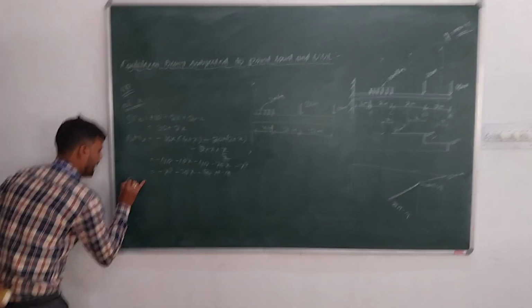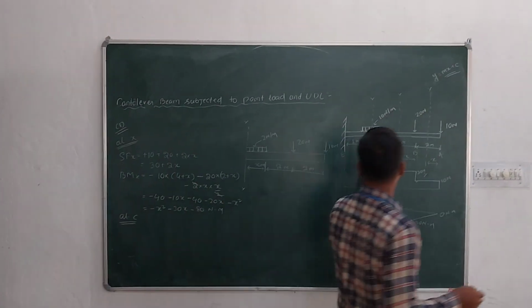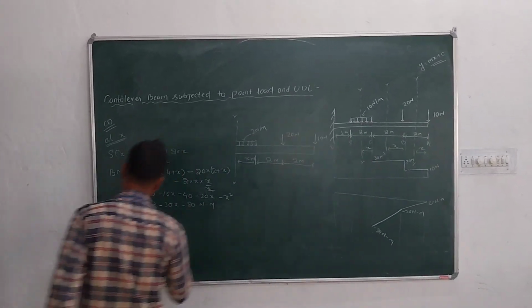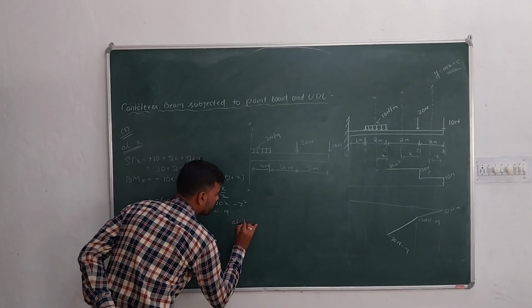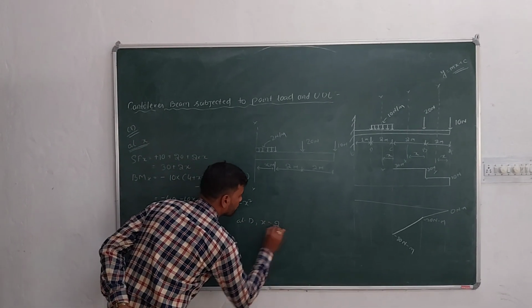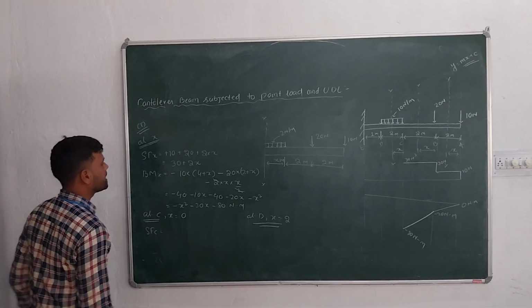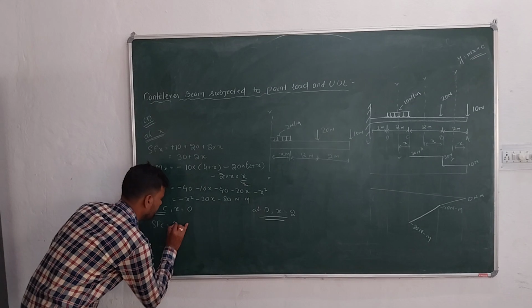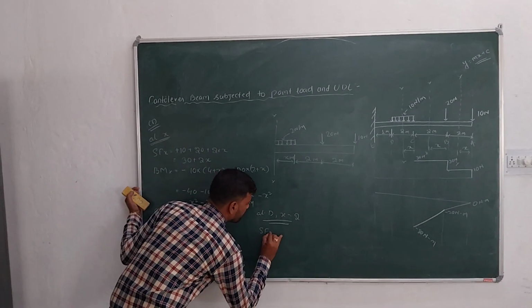Now at C, x equal to 0, at D, x equal to 2. So SF at C will be how much? As x equal to 0, so 2 into 0 is 0, so this will be 30 Newton. SF at D will be how much?